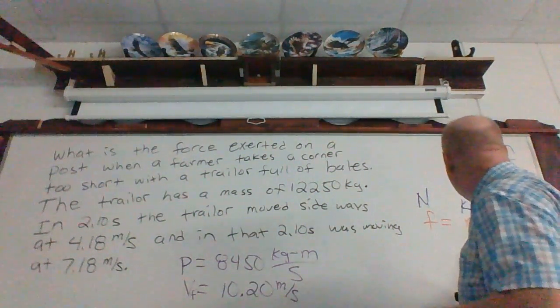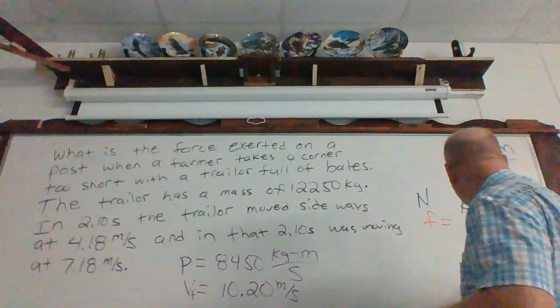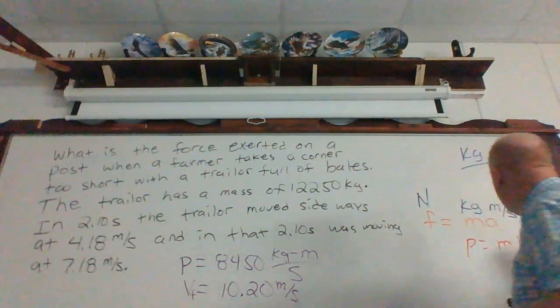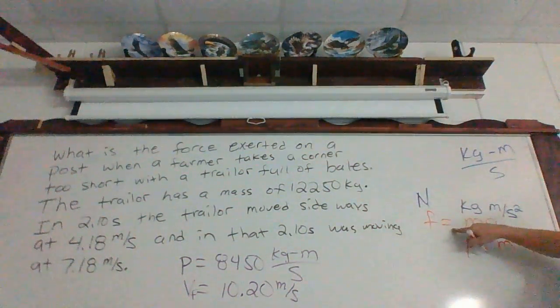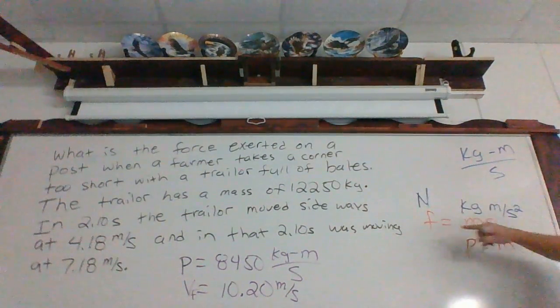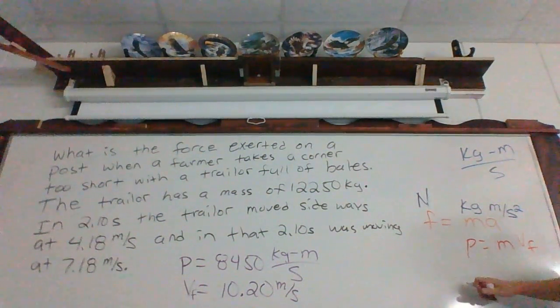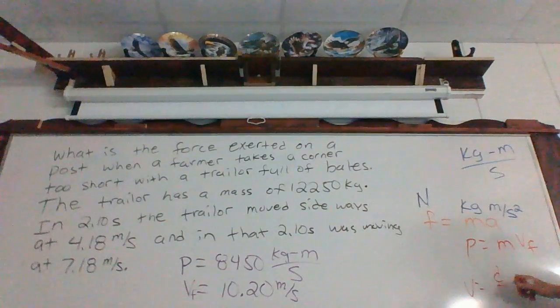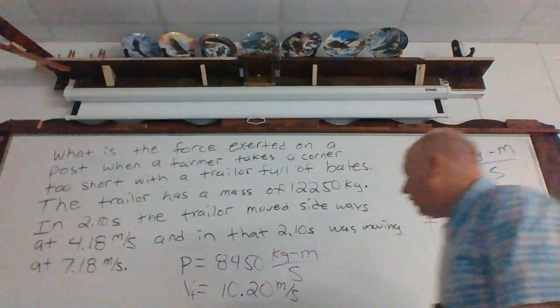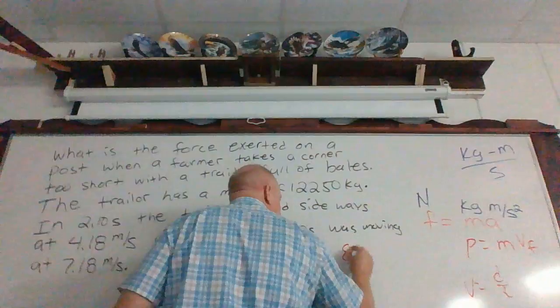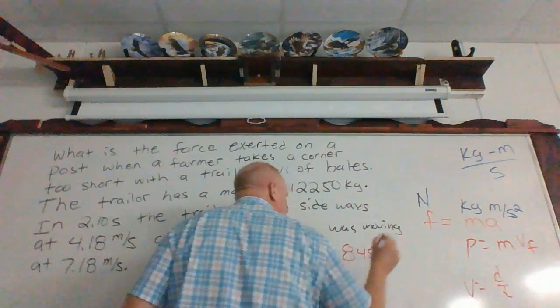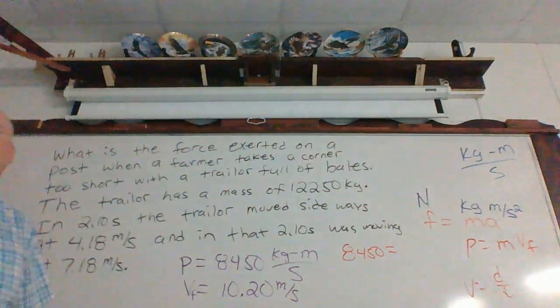So how are we going to solve for mass with this information given? Okay? So remember, you have this formula. We added this one last week. We also have v equals d over t, and then acceleration equals vf minus vi divided by t. All right, so with that, you correctly said 8450 equals, what's on the right-hand side?